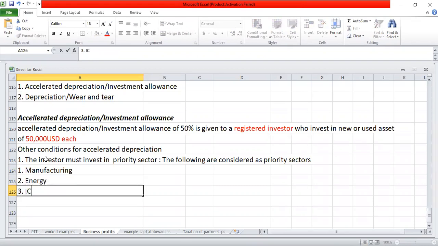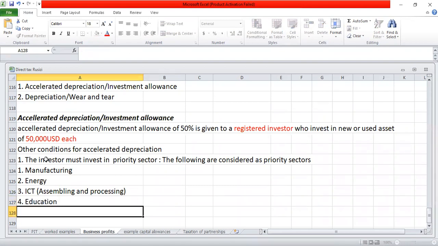Three, ICT, that is assembling and processing. If you are investing in ICT, mainly assembling and processing, that one is also a priority sector. Education, if you're investing in education, that is also a priority sector. Health is also a priority sector.